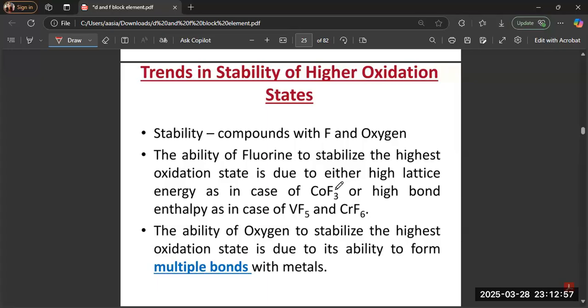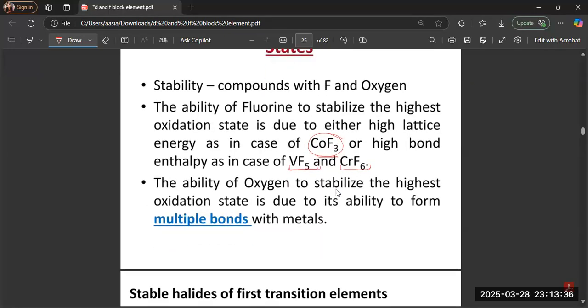The ability of fluorine to stabilize the highest oxidation state is due to either high lattice energy, as in the case of CoF3, or, in the case of VF5 and CrF6, high bond enthalpy. So it is a stable compound.